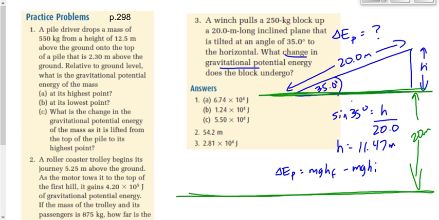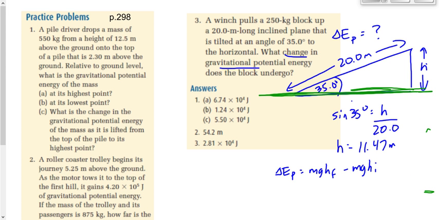What does it make sense to make your 0 height? Right here, right? It doesn't make any sense to put your initial height down here. Although remember, you make it wherever you want. If you do make it down here, that's fine, as odd as it might be to do that, as long as you're consistent. As long as your initial height would be the 20 meters and your final height would be the 31.47 meters. Okay, let's go with initial is equal to 0 though.